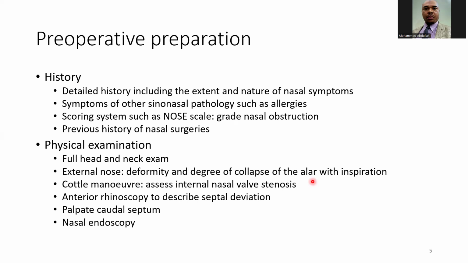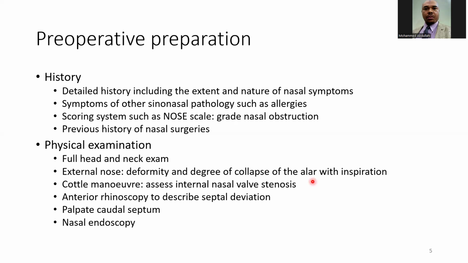Full head and neck examination: examine the external nose for any deformities, and examine for degree of collapse of the ala during moderate or forced inspiration. A positive Cottle maneuver usually indicates there is internal valve stenosis.